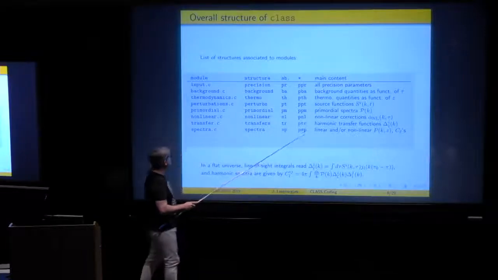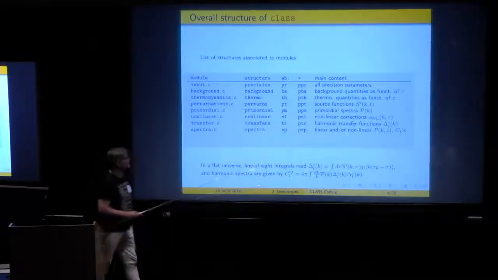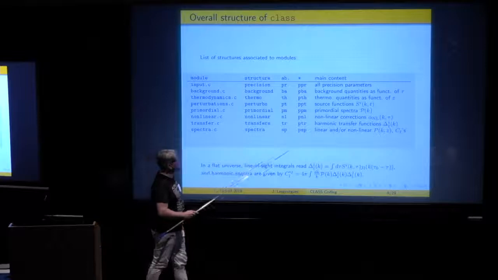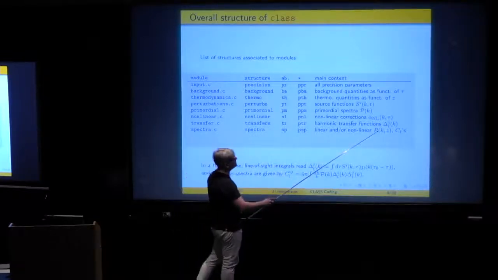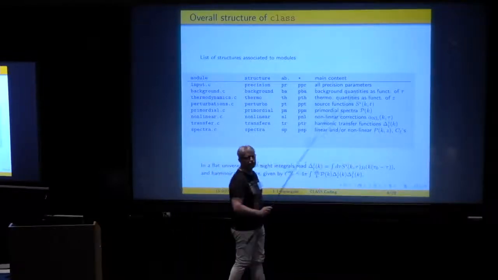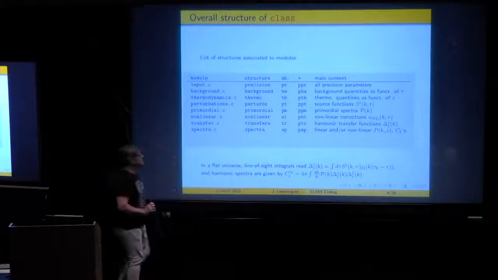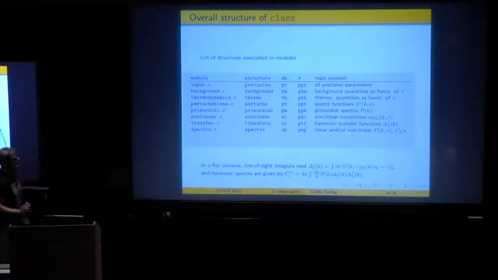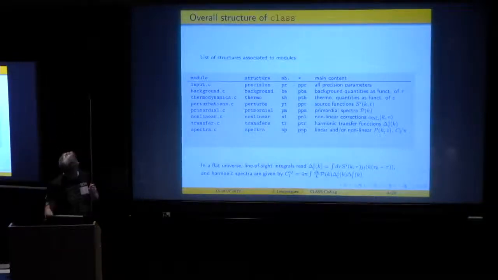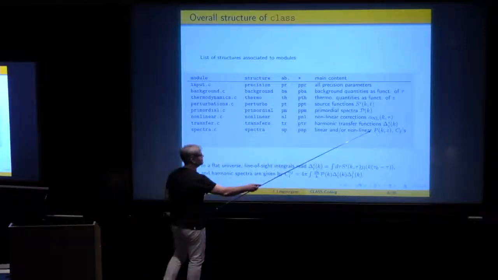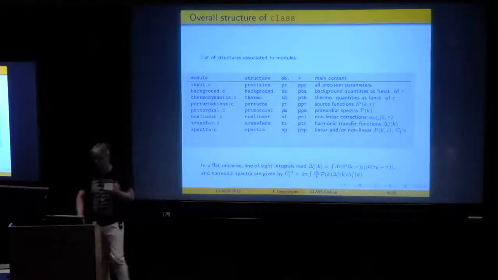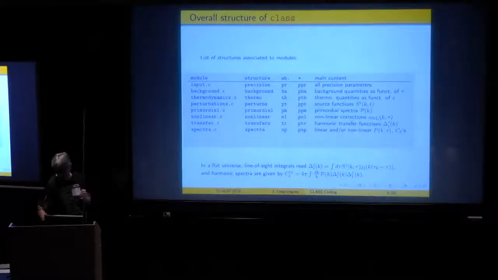After the execution of spectra_init, this structure will contain the linear and nonlinear P(k), the CLs, and other derived variables like sigma 8. The P(k) will be for total matter, and for baryon plus cold dark matter only if you have massive neutrinos.